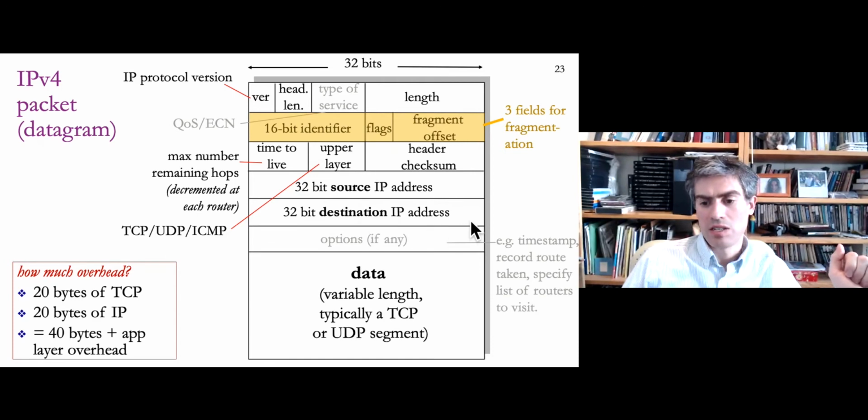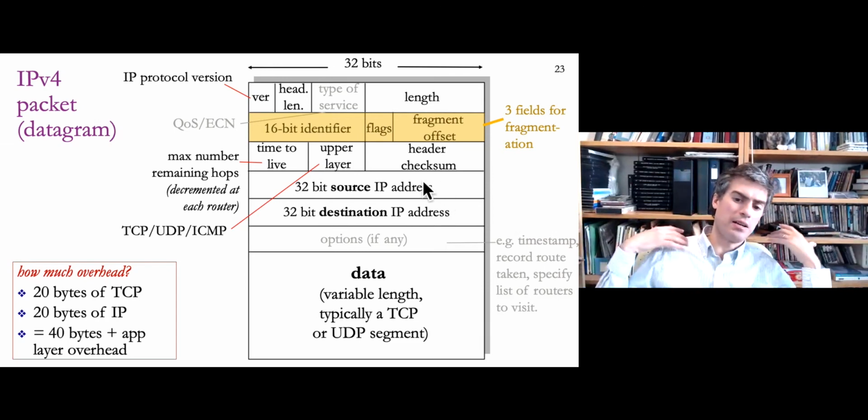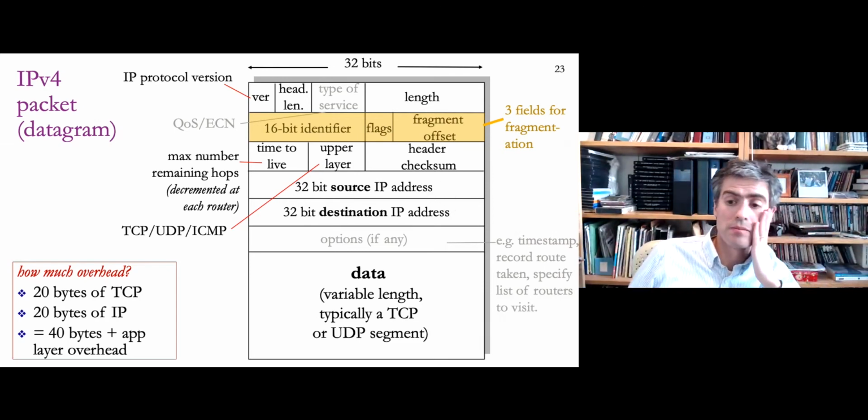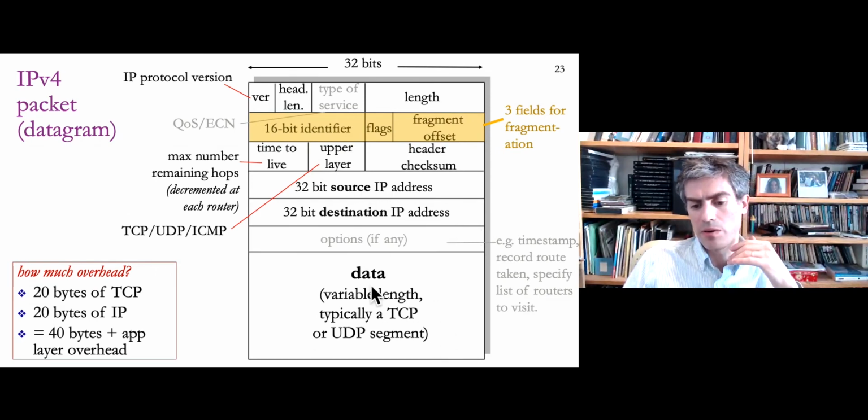The destination address is needed for the routers to look at this to figure out which direction to send the packet. The source is needed for the receiver at the end side to determine which application to give it to or whether to drop it or whatever. Just like the combination of the source IP address and the port number in TCP or UDP will indicate to the receiver what application needs this data.